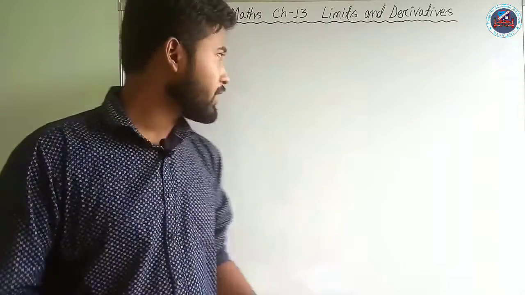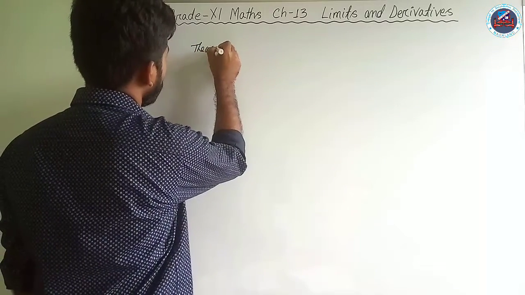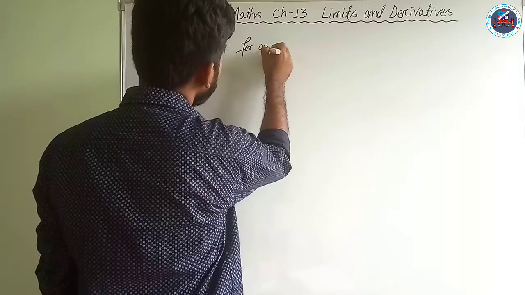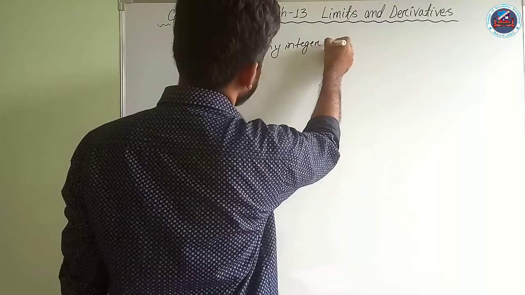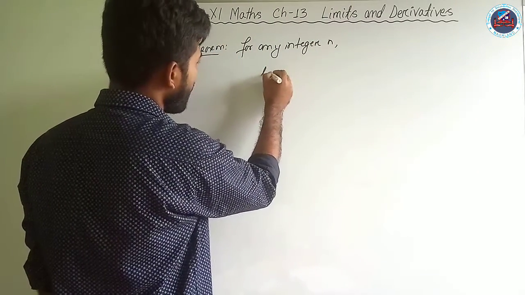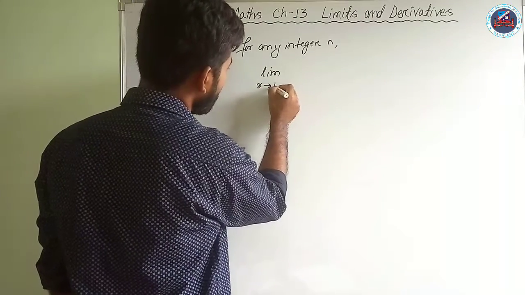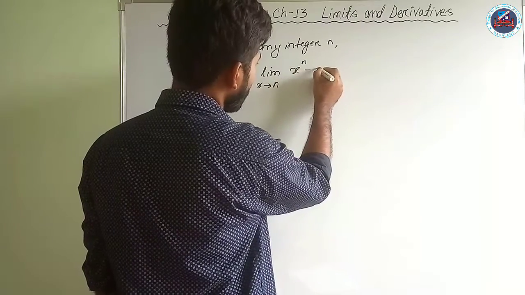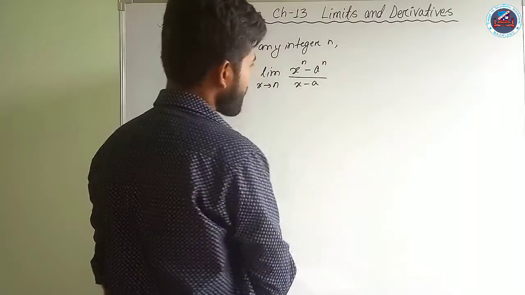So the first theorem that we have is that for any integer n, we have limit x tends to a, x to the power n minus a to the power n divided by x minus a.